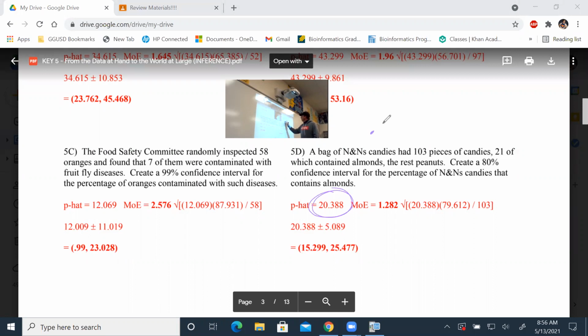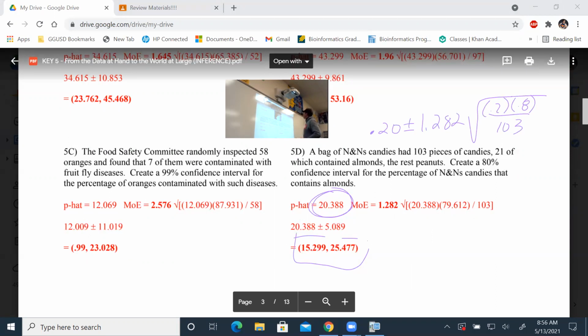So it's going to be 0.20 plus or minus. And 80% is 1.282 off the chart. And we multiply it by p-hat times 1 minus p-hat over n, 103. So I've set it up, and I'm just going to use my calculator. The answer is going to be between 15 and 25%.